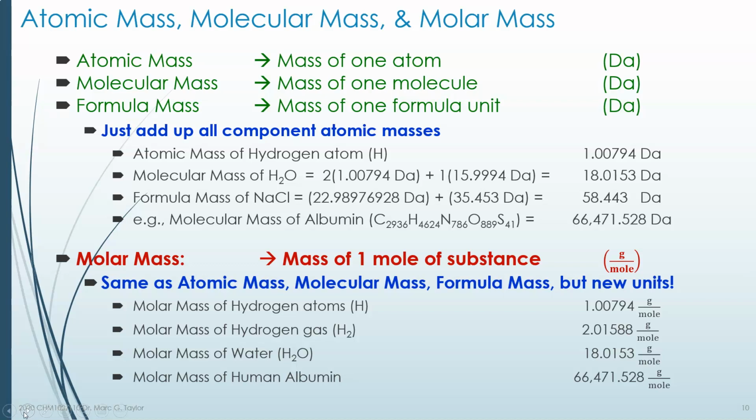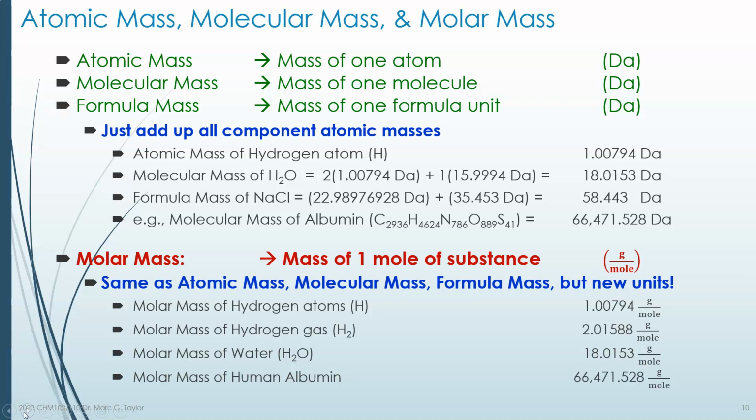Now, you might look at this and say, well, that's a big coincidence that these numbers are identical when we're talking about many, many atoms or many, many molecules or formula units than when we're just talking about 1. And that's right, it is a coincidence in one way, but it is not in another way. The reason why these two sets of numbers are identical is because Avogadro's number was picked purposely to make sure that these two numbers were identical.